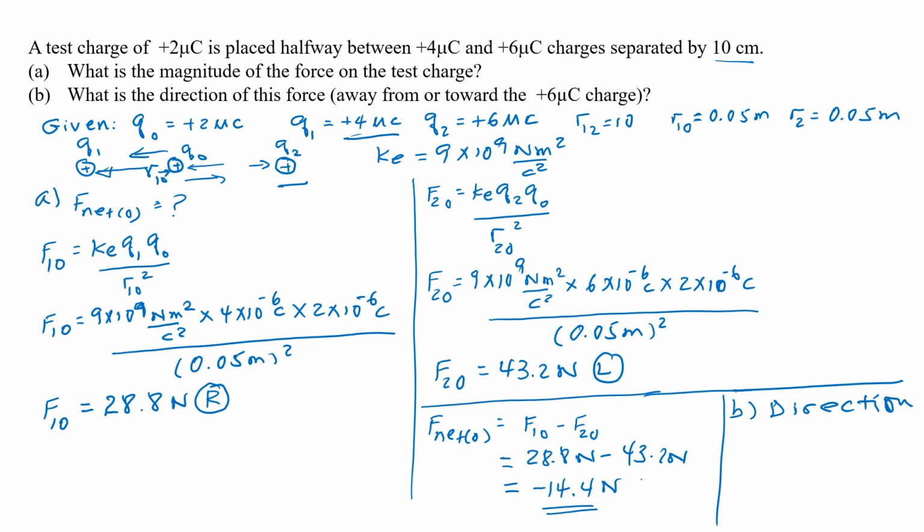So the magnitude is 14.4 newtons, and the direction is away from Q2. Alright, so 14.4 newtons to the left will be the net force exerted on the test charge.